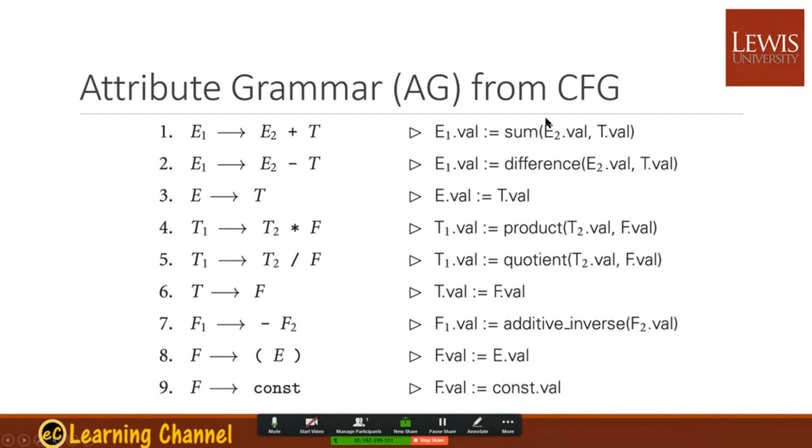So as you can see here, you actually have a function of the right-hand side assigned to the value of the left-hand side. And you actually build up the semantics for the parse tree. And this is called attribute grammar. So this one gives you a better idea of what attribute grammar is.